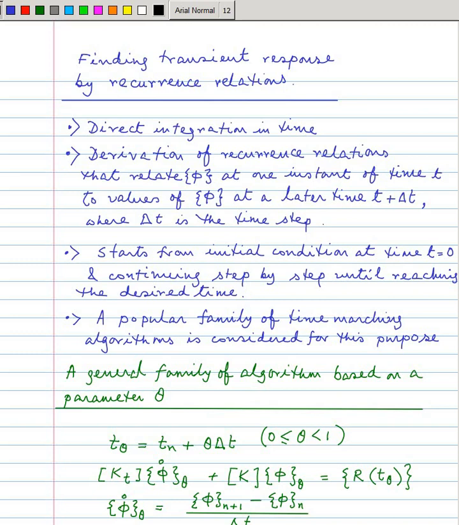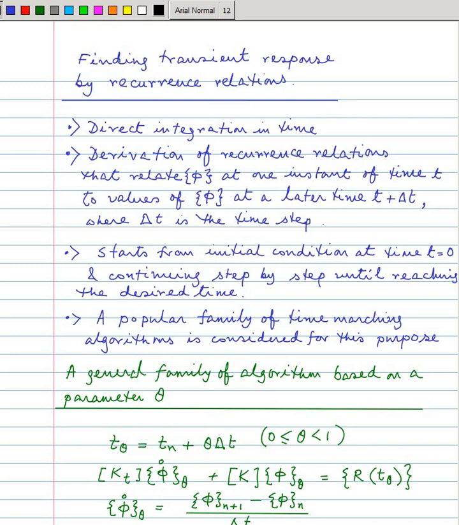So after discretization of the space as finite element equations, we got ordinary differential equations in time, and those ordinary differential equations in time can be solved either by mode superposition method or by a finite difference in time, which is also known as a direct integration in time.